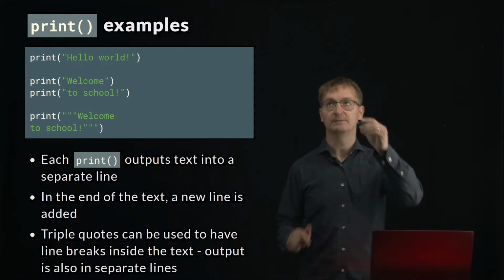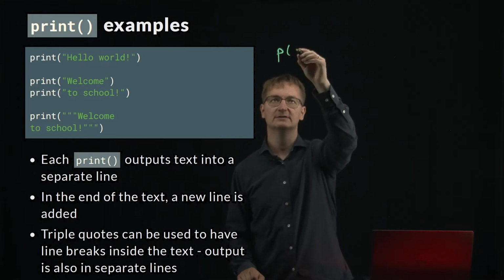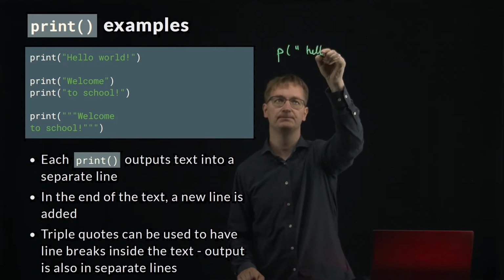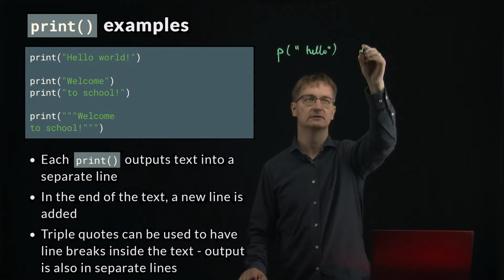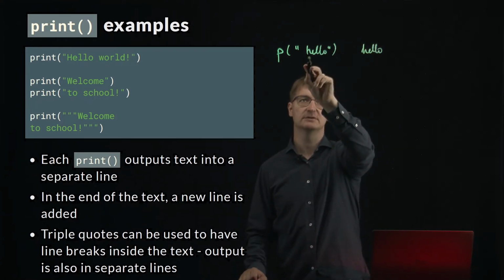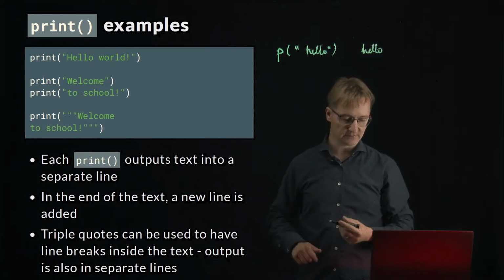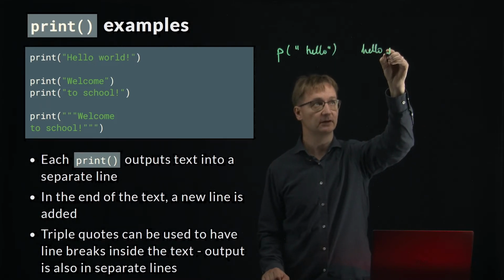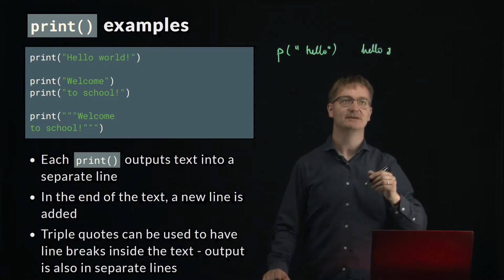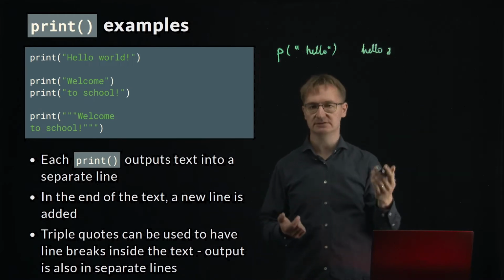For example, if I print out, I just use shorthand P for printing. So if I print out hello, what happens is that the text or symbols from here, there is no space here, will be printed to the screen. And actually here a new line symbol will be put. I just draw a new line break here. To be more precise, there is a special symbol for that.